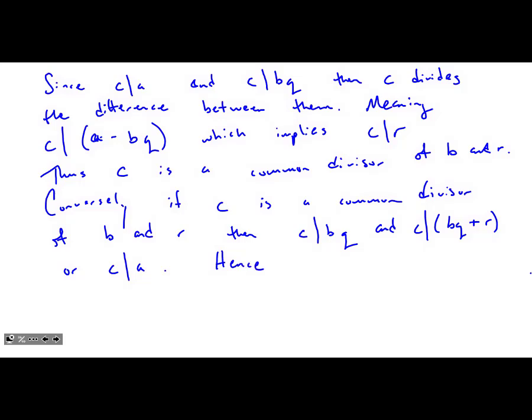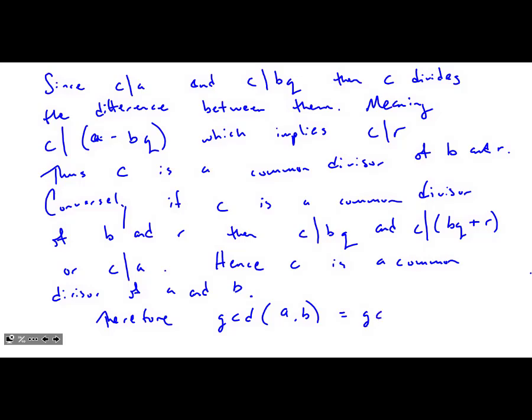Hence, c is a common divisor of a and b. Therefore, the GCD of a and b is equal to the GCD of b and r.